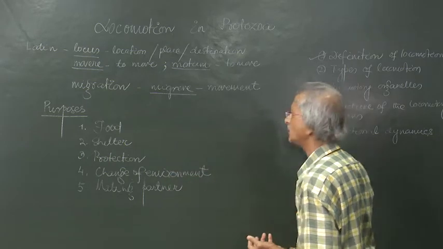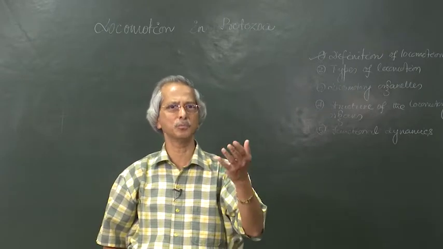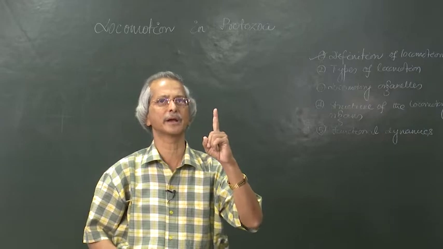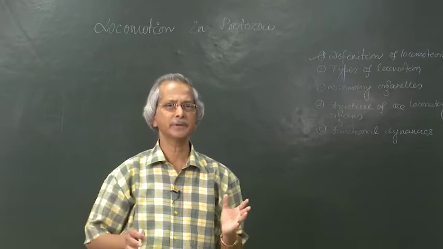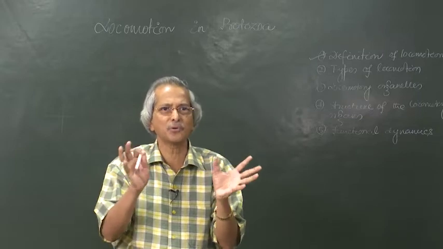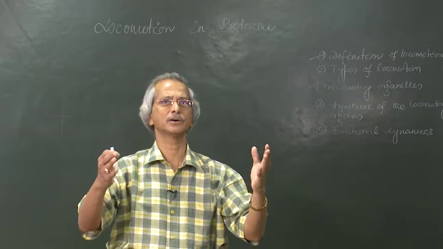Let us come to the types of locomotion. Now, what are the different types of locomotion that you find? When you talk of locomotion, it is not of a singular type, it is of multiple types, based on the different types of organelles found on the animal body.